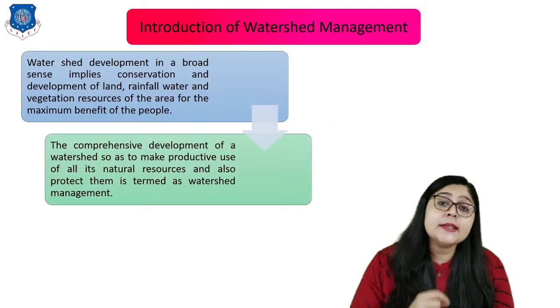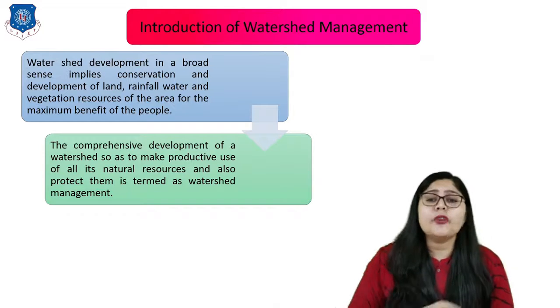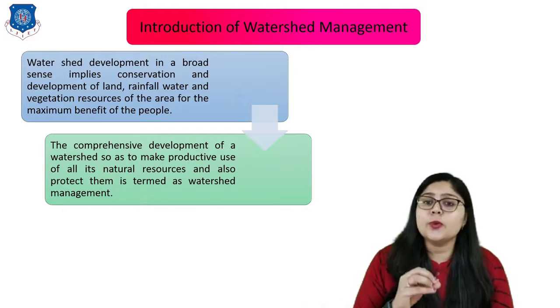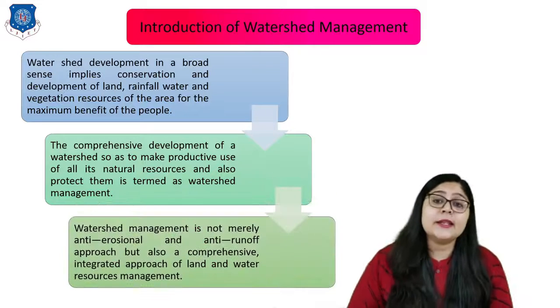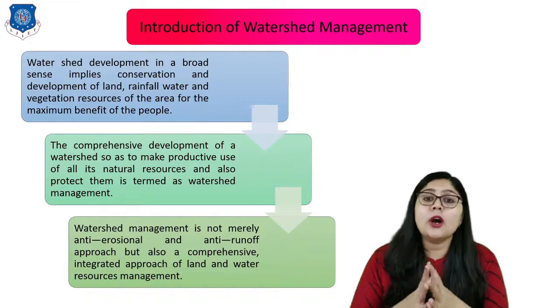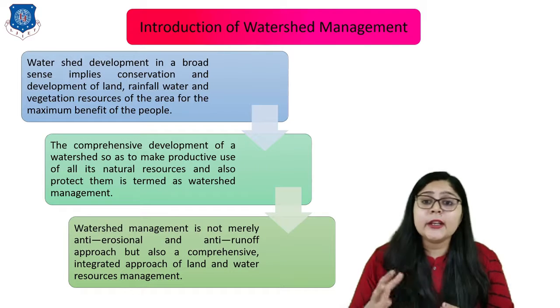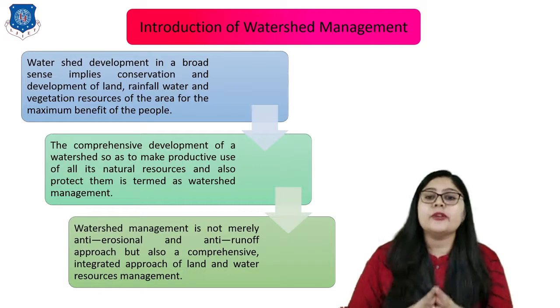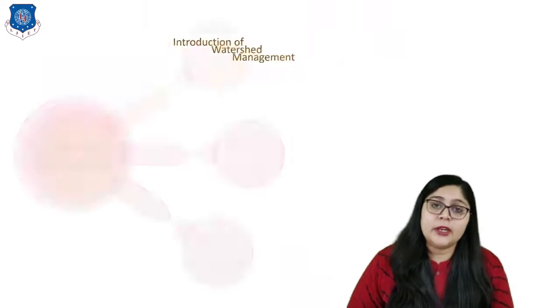Even the comprehensive development of a watershed so as to make productive use of all natural resources and also protect them in terms of watershed management, right? And lastly, the watershed management is not only an anti-erosional or anti-runoff approach but also a comprehensive integrated approach of land and water resources management, right? So this is the introduction of watershed management.